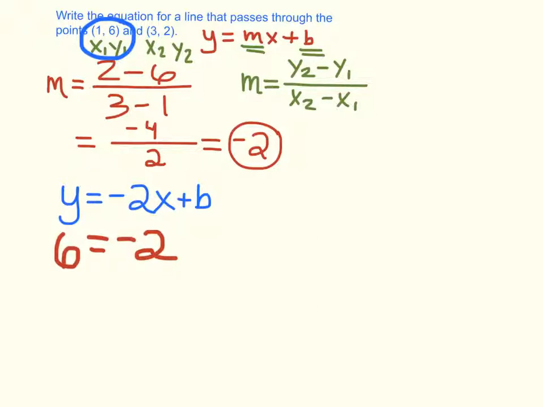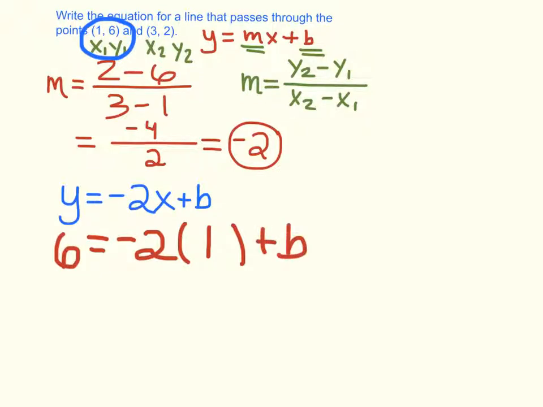Now in this equation, when we have a negative 2 next to an x, that means multiplication. So it's negative 2 times x. Since we're going to substitute in place of that x a number, we need some symbol to show the multiplication. So I'm going to use parentheses. And in the x spot, now here we see it as those empty parentheses, I'm going to substitute in the x coordinate of the coordinate pair (1, 6). So I'll substitute in a 1, and then I have to rewrite the rest of the equation, plus b.